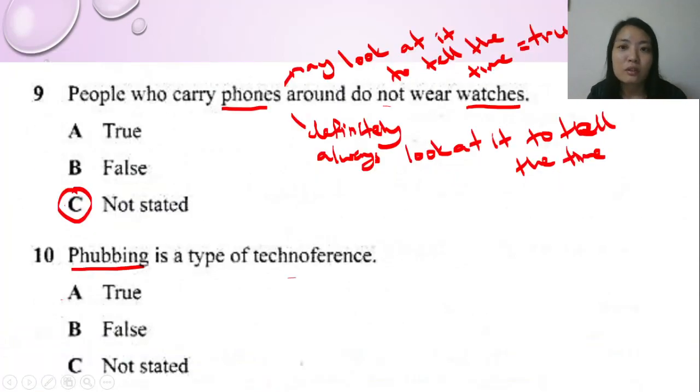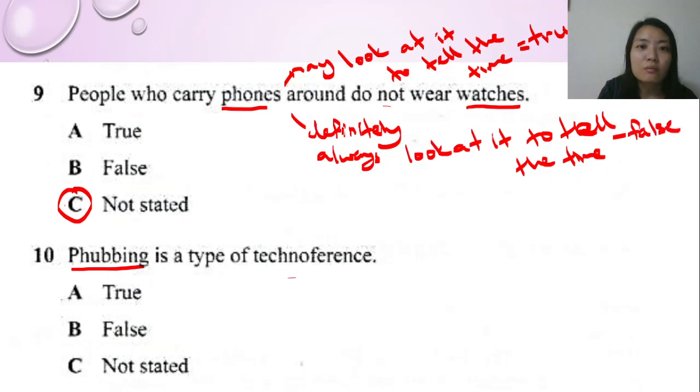Always look at it to tell the time. If that's the case, this is definitely wrong already, because they don't always. The text says that they look at it, but not always. Then you can choose false, because it's a general thing, not definite, not always. Although actually you can choose not stated for this question.